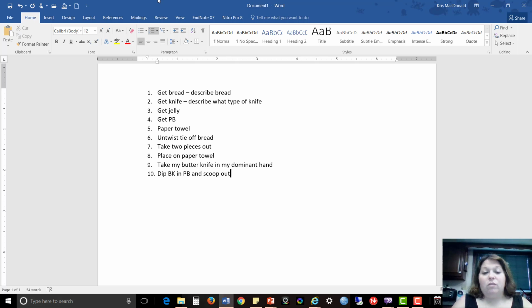Now, usually when you have to scoop out peanut butter, someone will say, scoop out enough. I don't know how much enough is. But I can say scoop out enough to cover half the knife.